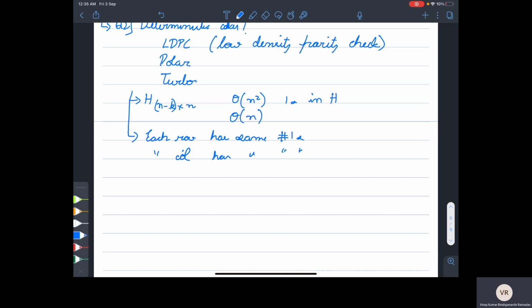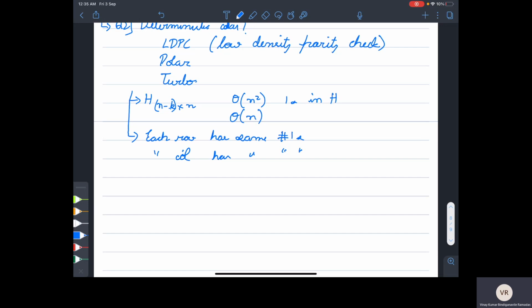The analysis of these codes is difficult, however, these form a straightforward extension of whatever linear codes we studied in this particular lecture. All right.